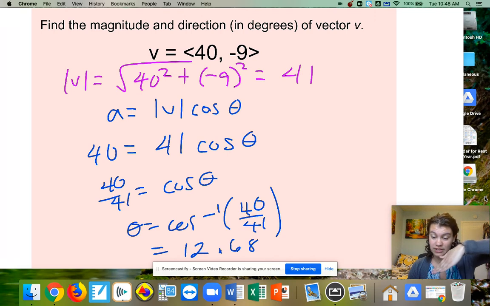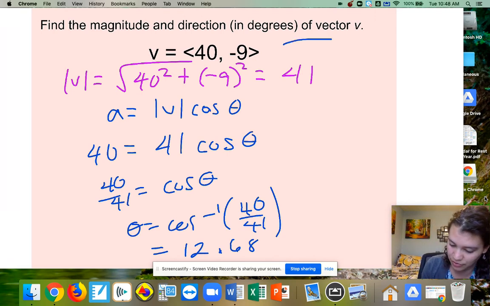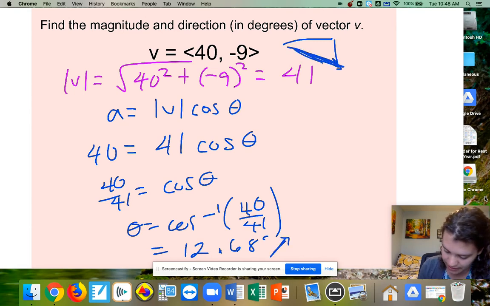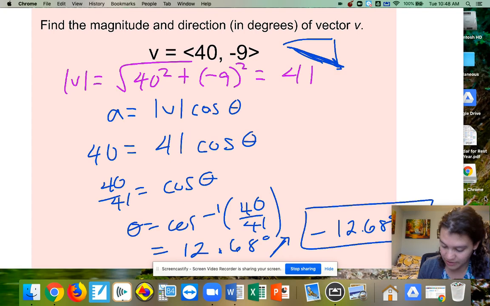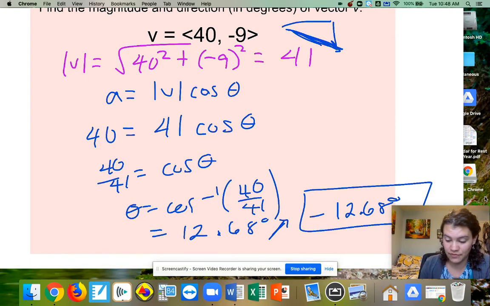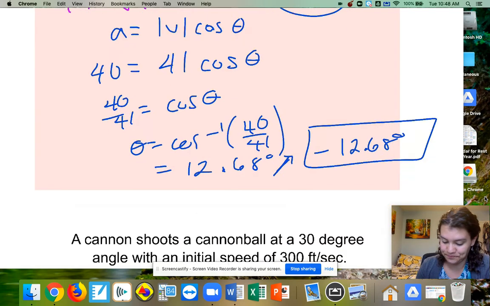So if this angle is pointing down, it's not going to give us the right angle. If I go up here to my original one, I'm going over 40 and down 9. So this is my vector. This angle is going up. So the way to fix that is just make it negative, which is why I like cosine, because if you get the wrong direction, you just make your angle negative. So your magnitude is 41, direction is negative 12.68.